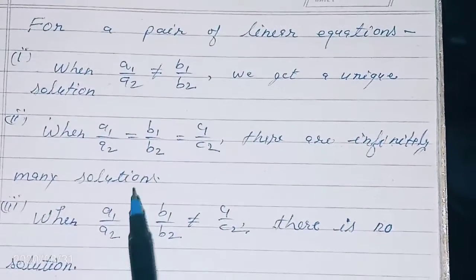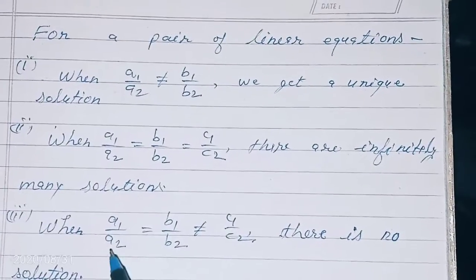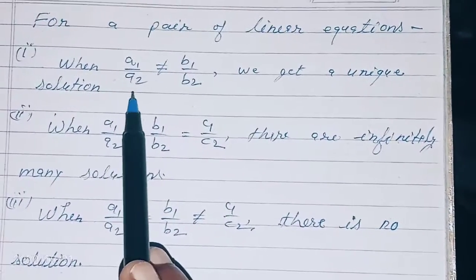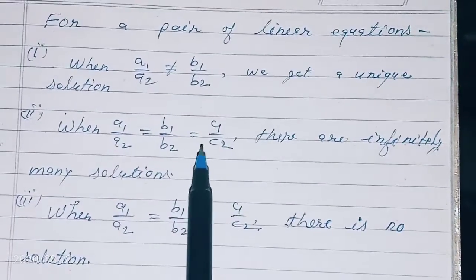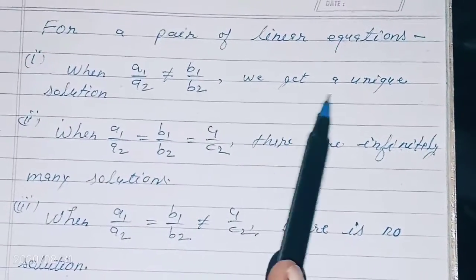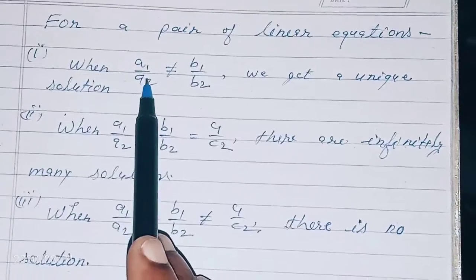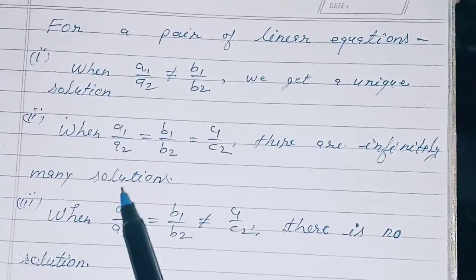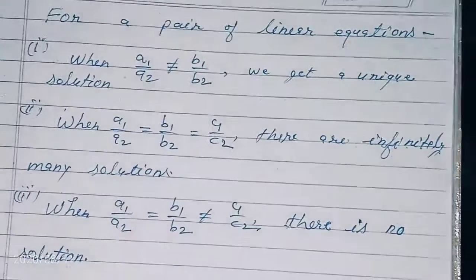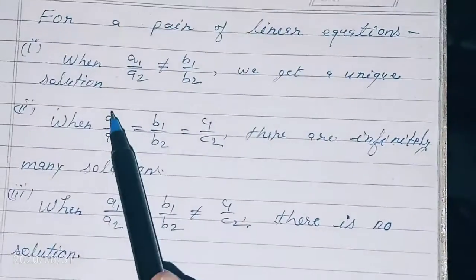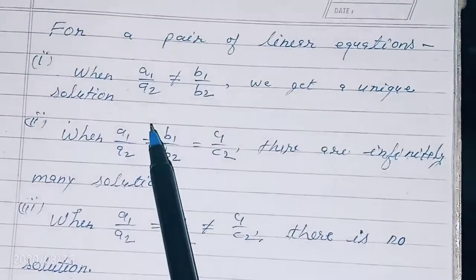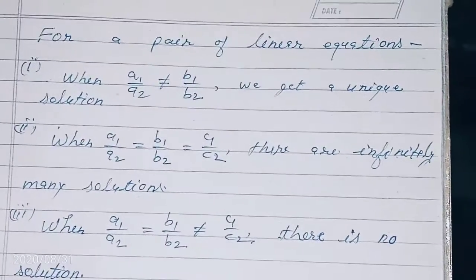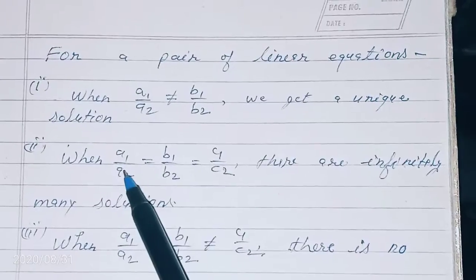So students, today we shall learn how to find whether the solution of a pair of linear equations is unique, or many solutions, or no solution, by comparing the coefficients of variables, by using ratios of coefficients.